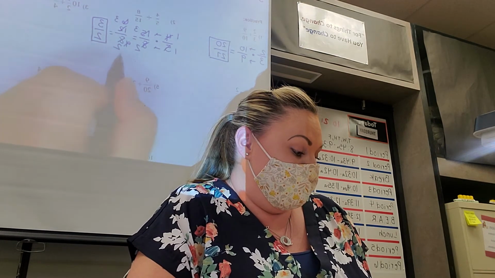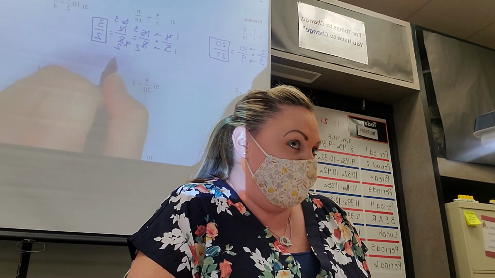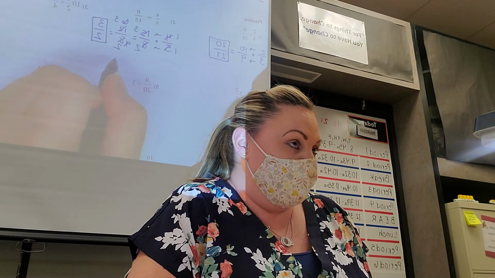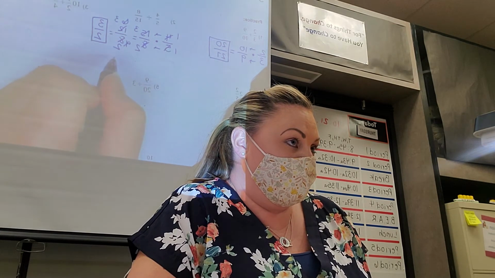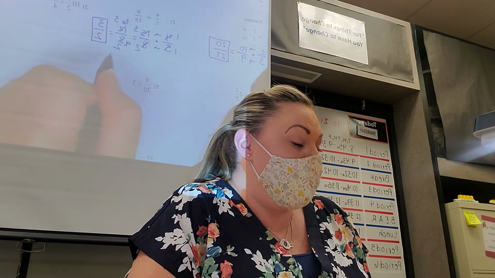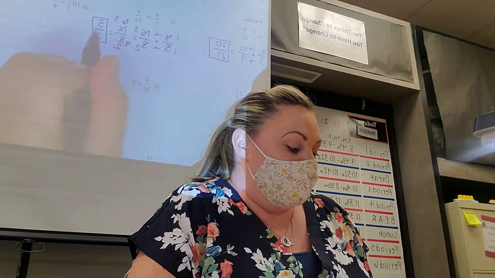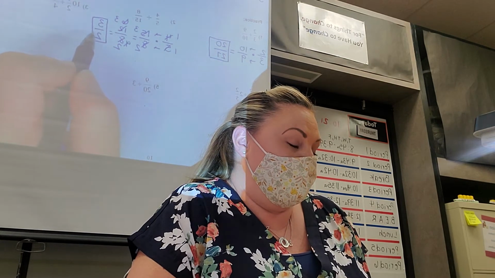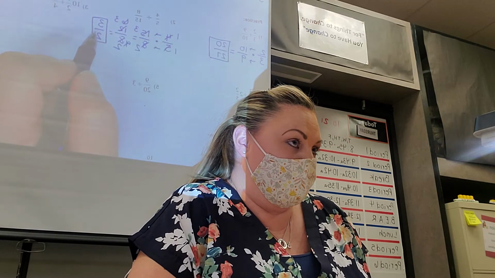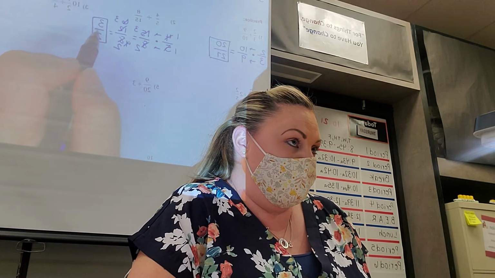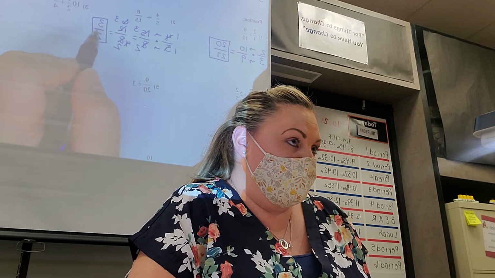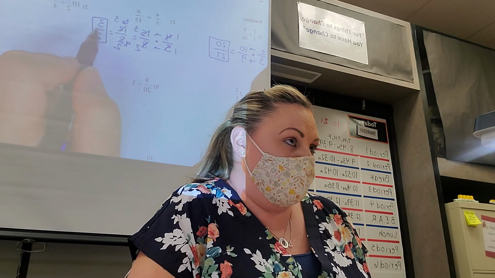I did the division between both of them, which I got 2 over 1 times 3 over 4, which equaled 6 over 4, which is the same as 1 and 2/4, which is the same as 1.5.